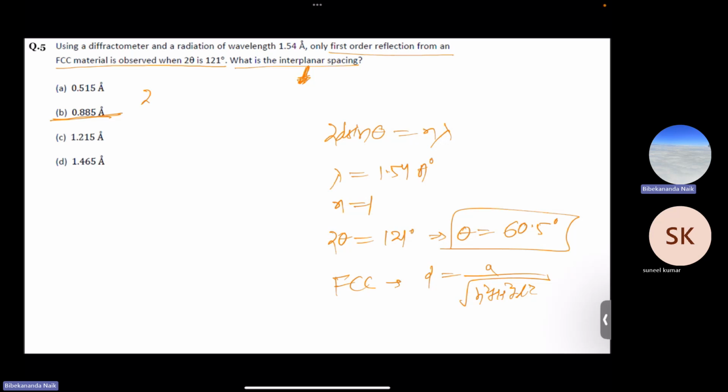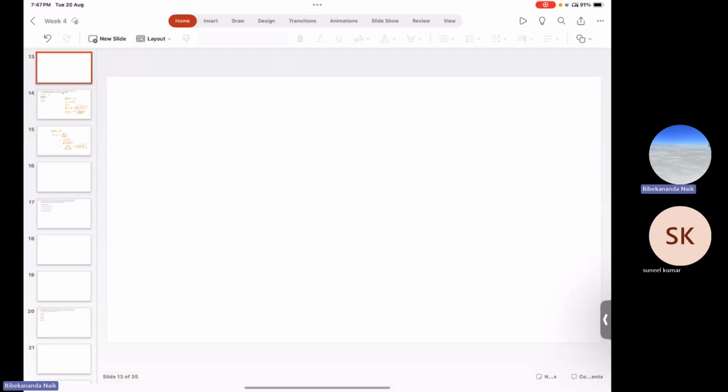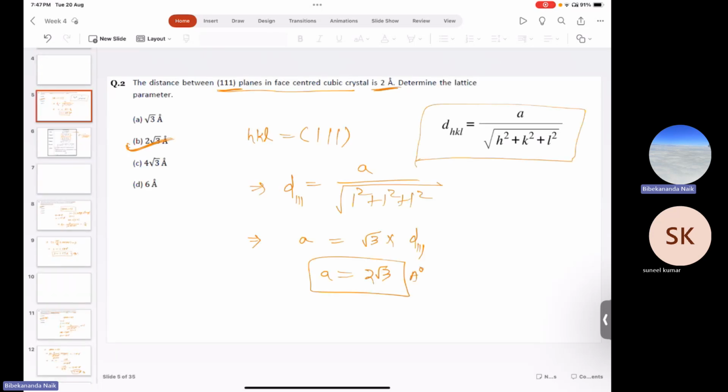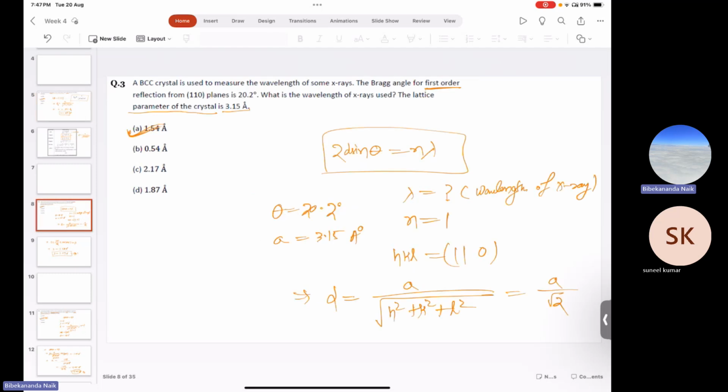So these questions are pretty much similar to each other. In question number 2, we simply calculated the interplanar spacing, and then in question number 3, we used the formula of X-ray diffraction, 2d sin theta equals n lambda, where lambda was unknown, and all the remaining values, that is theta, d, and n, were known to us.